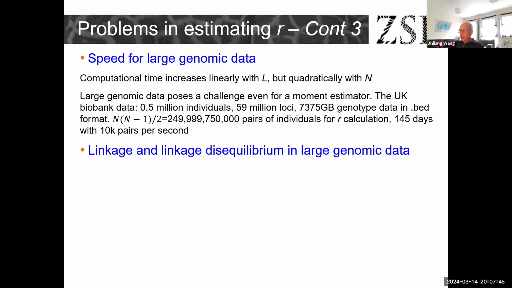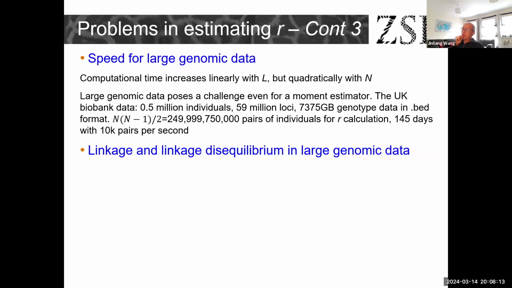Another problem in relatedness estimation is linkage and linkage disequilibrium. In developing the relatedness estimators, we always assume markers are independent. They are not linked, and they are in linkage equilibrium. In reality, because we are using genomic data, this is not true.